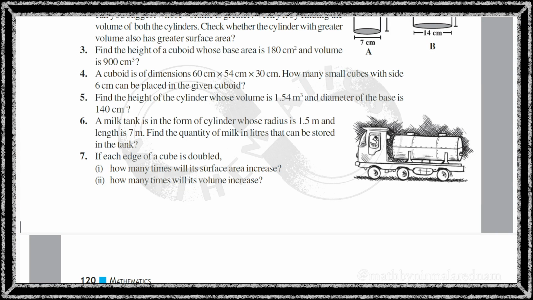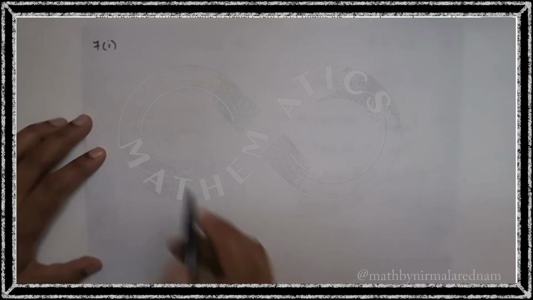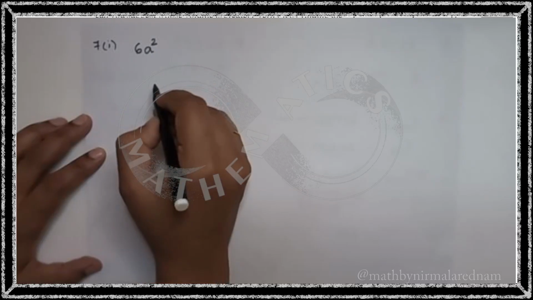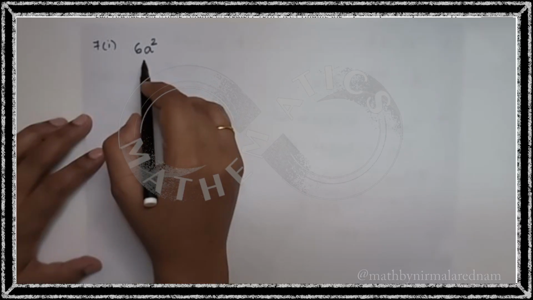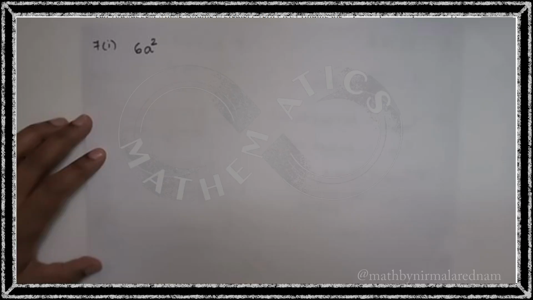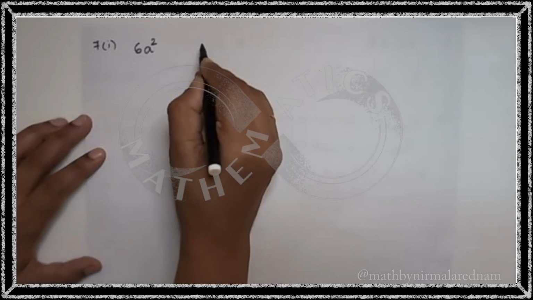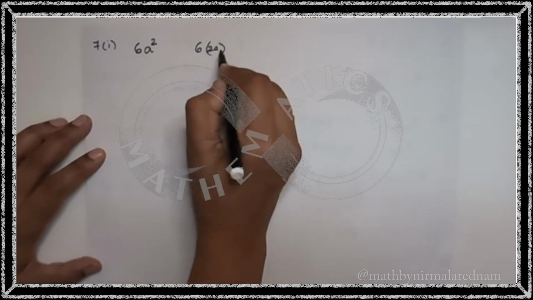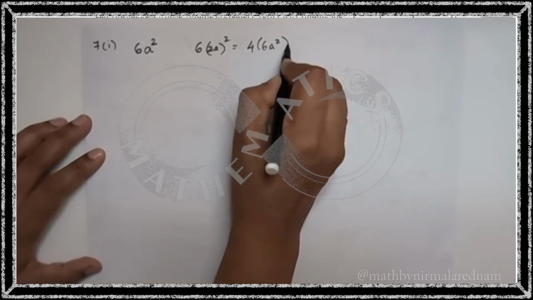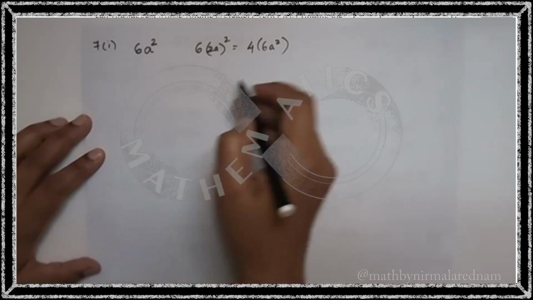So how many times will its surface area increase? So you know that surface area of a cube is 6a square, right? So if I am going to double the side, that's what they're saying, each edge is doubled. So the new surface area is going to be 4 times of 6a square, right? So the answer is 4.